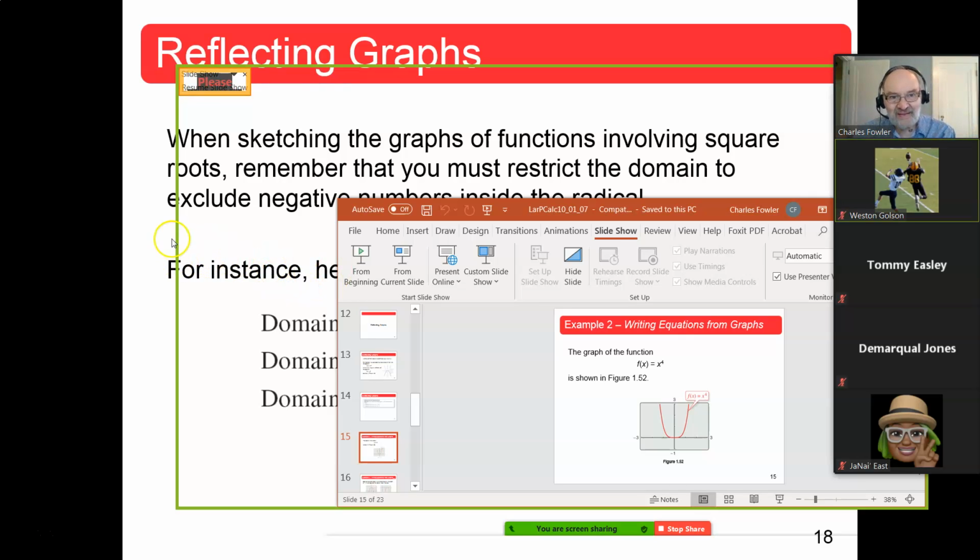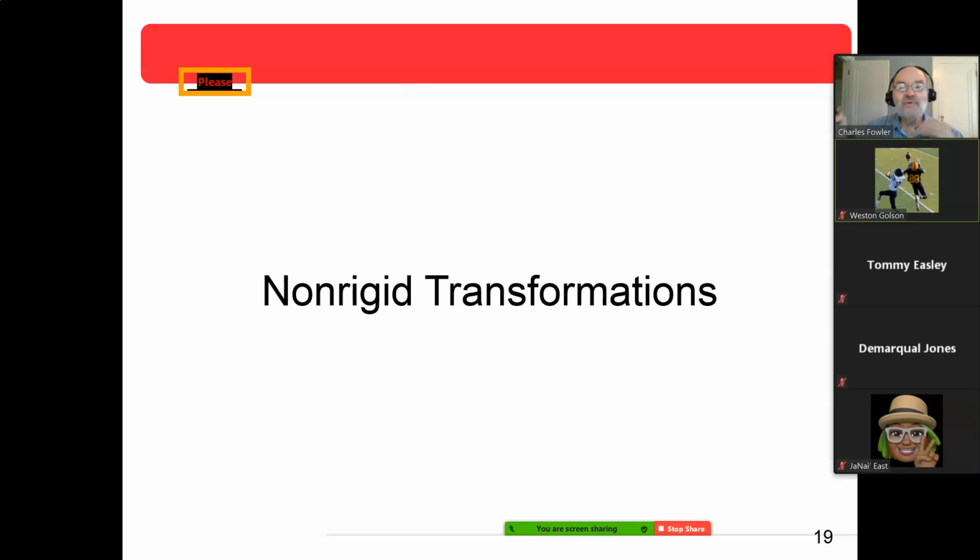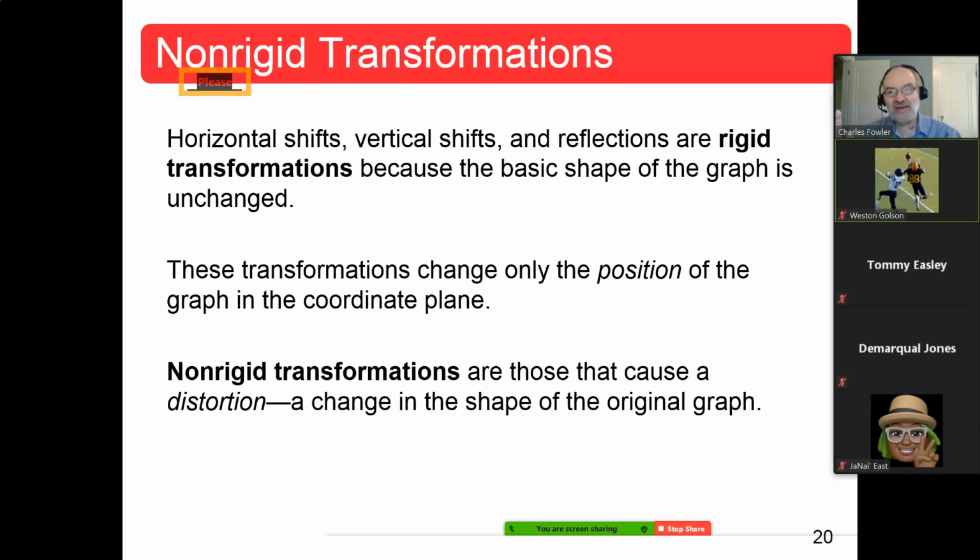Okay. So let's go to the current slide. And there we go. We finished that slide, and we're going to non-rigid transformations. Okay, now what do we mean by that? Horizontal shifts, vertical shifts, reflections are all rigid transformations because the basic shape doesn't change.